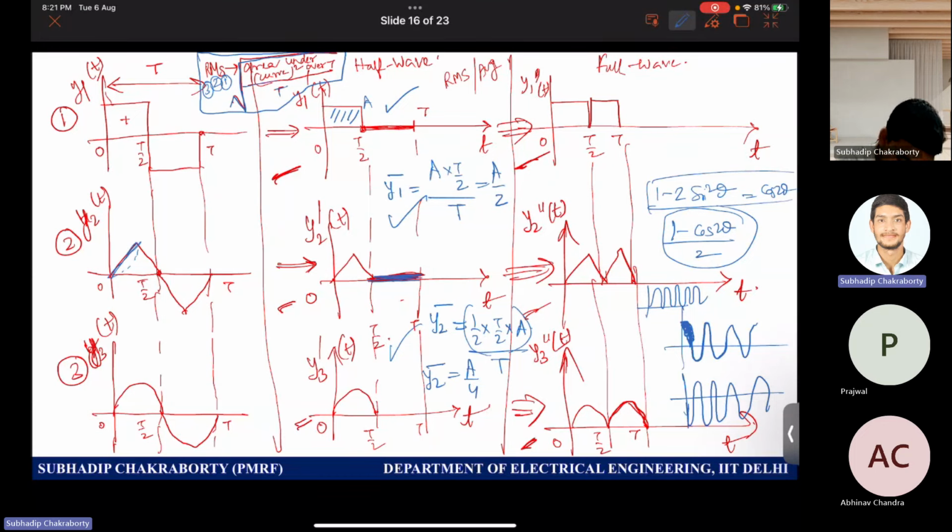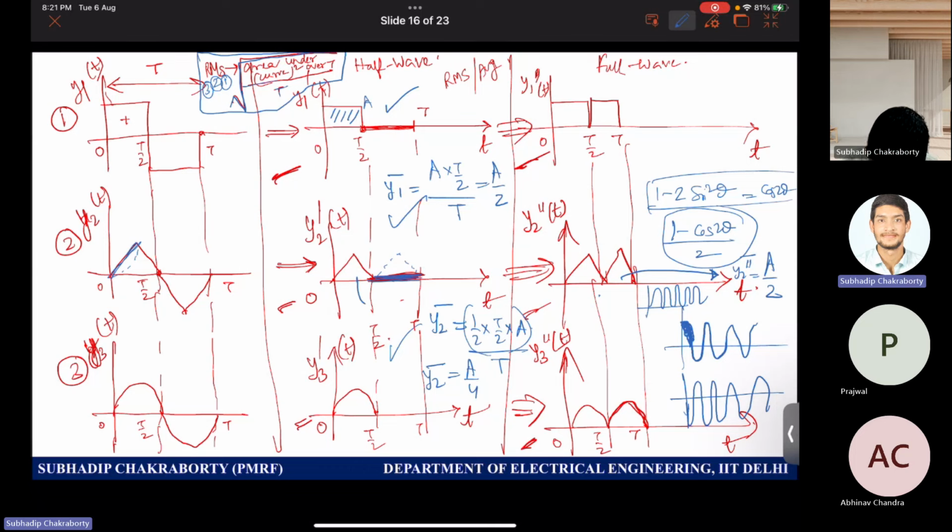However, if you had another similar lobe, then twice the area would have contributed. So for the full wave we would just have to multiply by 2. Yes, correct. So Y2 double dash bar would have been A by 2 for this one.